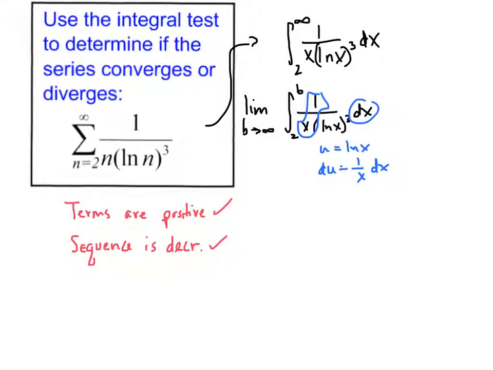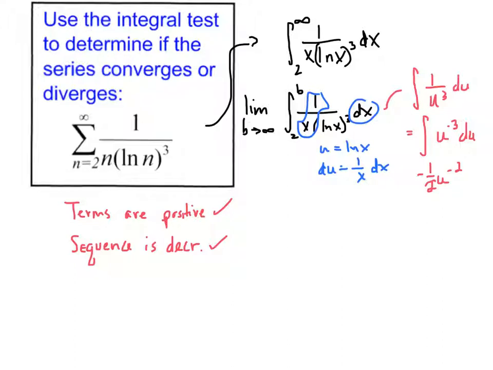So this integral, I'm going to just ignore the bounds for a minute, would become the integral of 1 over u cubed du, which I could write more easily as u to the negative third du. I raise the power, divide, there's my antiderivative.